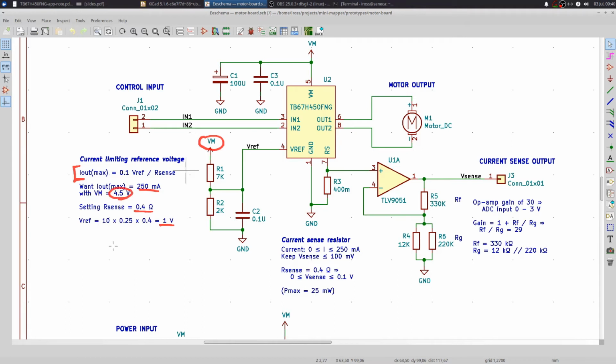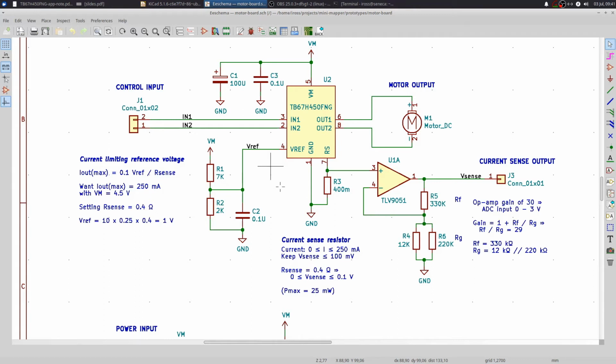So 1 volt as a fraction of 4.5 is the same as 2 as a fraction of 9, which is 2 over 2 plus 7, which gives you these values for the potential divider setting Vref. So those are all of the things that are needed according to the application note.